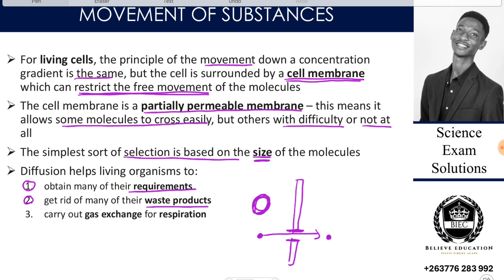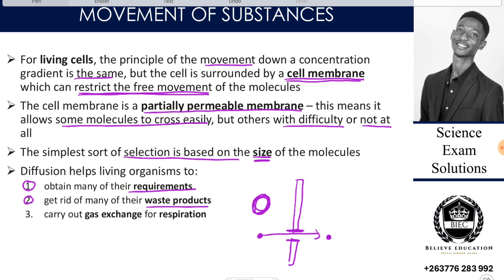You don't find the fetus defecating or producing faecal material inside. The umbilical cord works to exchange what? The gases as well as the waste products. When the waste products are exchanged, that is where diffusion takes place.